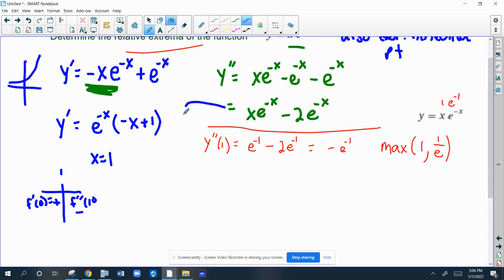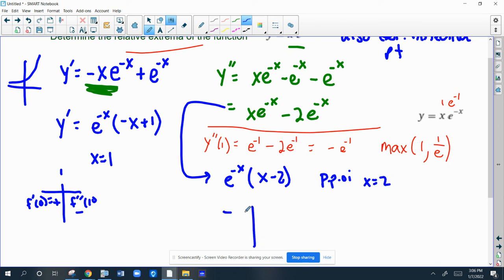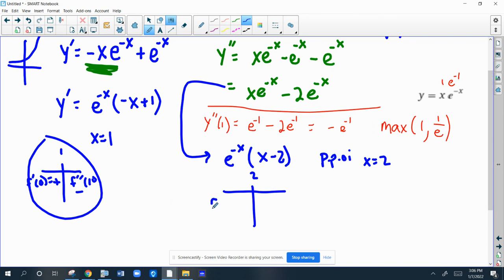So I'm going to translate this down here and factor it. The second derivative simplifies into e to the negative x times the quantity x minus 2. That tells us we have a possible point of inflection at x equals 2. So we're going to set up our chart like we did using the first derivative test, and now we're going to use the second derivative instead to see if it changes concavity.